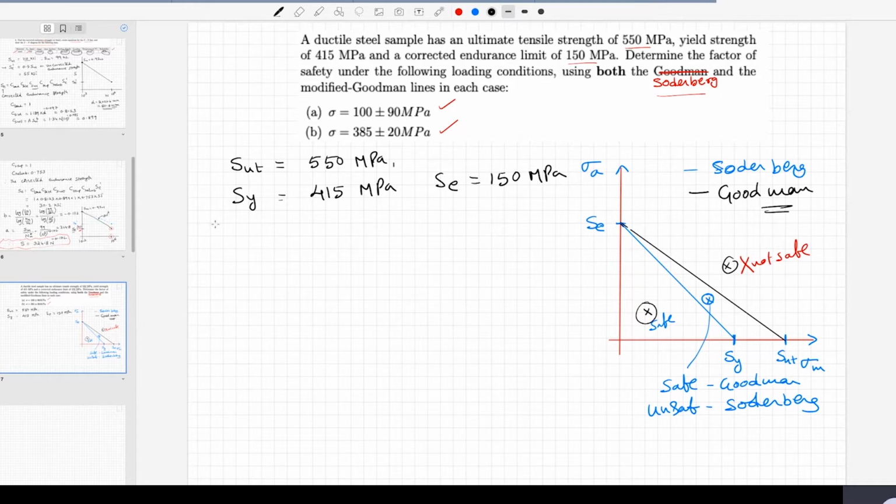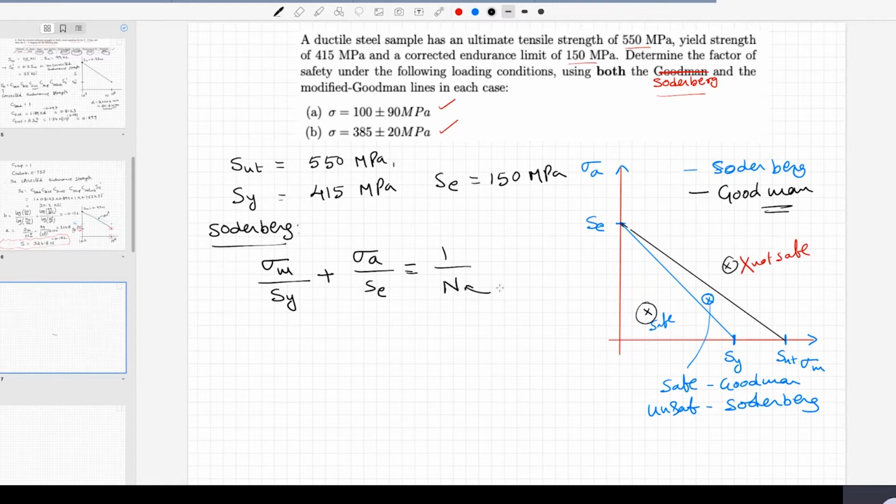So if you are looking at the Soderberg criterion, then you can write the failure line as sigma m by Sy plus sigma a by Se is equal to 1 by n, where n is your factor of safety.